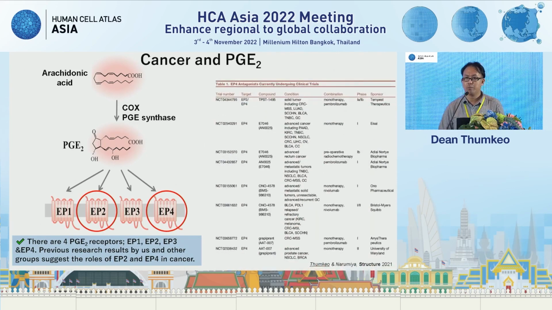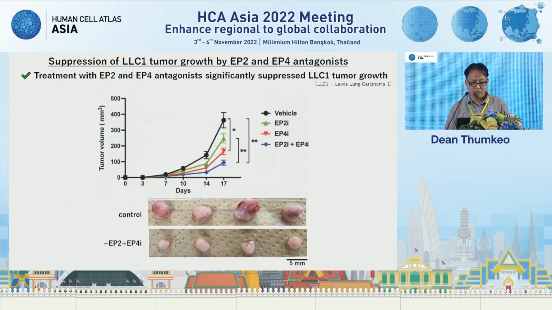Based on this background, several pharmaceutical companies made EP2 and EP4 antagonists and put those drugs into clinical trials. But unfortunately, because the mechanism of PGE2 signaling in cancer is not very well understood, at least none of these clinical trials has yet been a success.